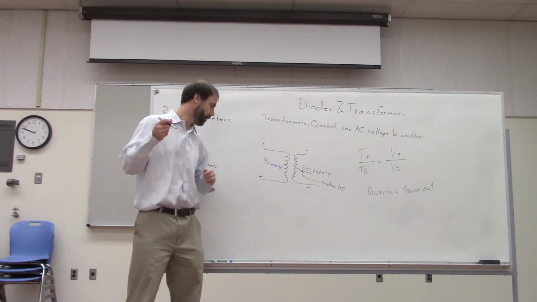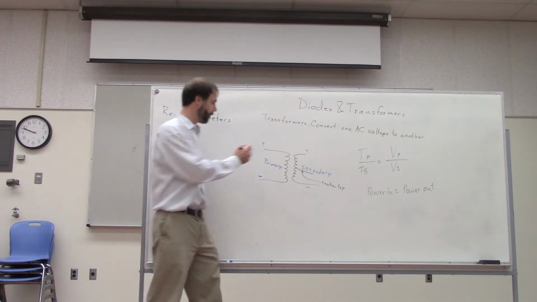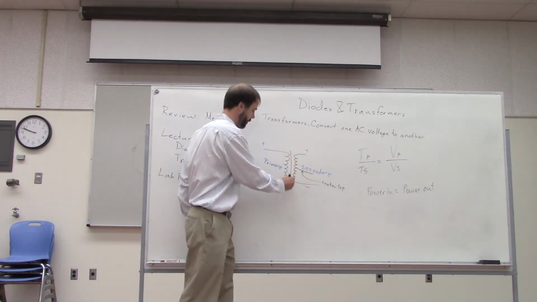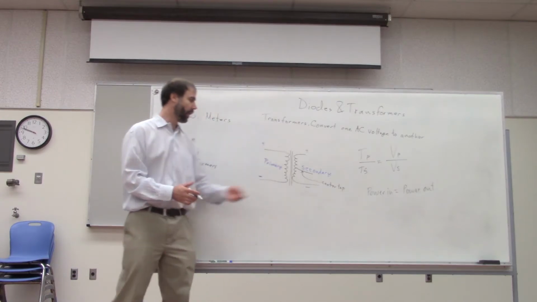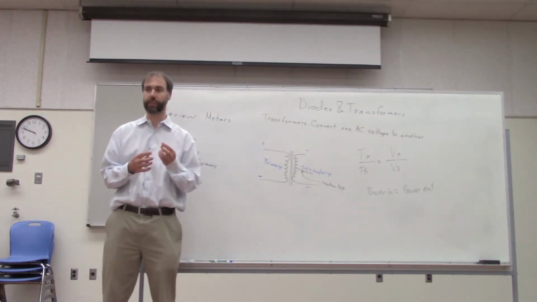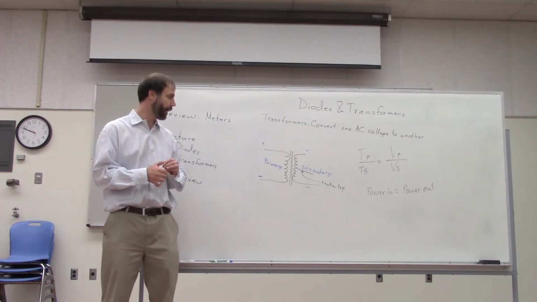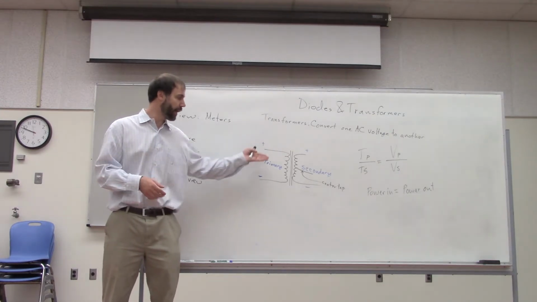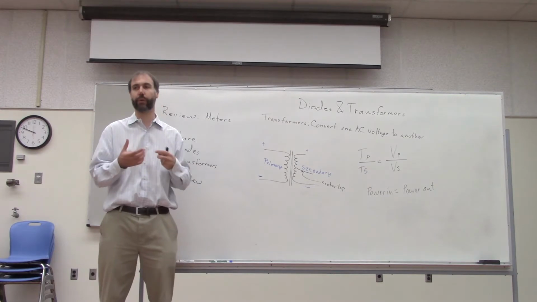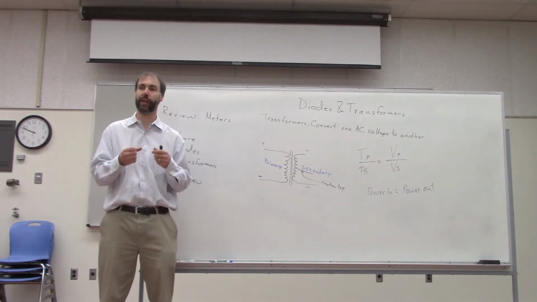Also, a lot of transformers have something called an iron core. So if you see two lines going down the middle of a transformer like this, that means that it's an iron core transformer. What that means is that the wires are wrapped around a form that's made out of iron.